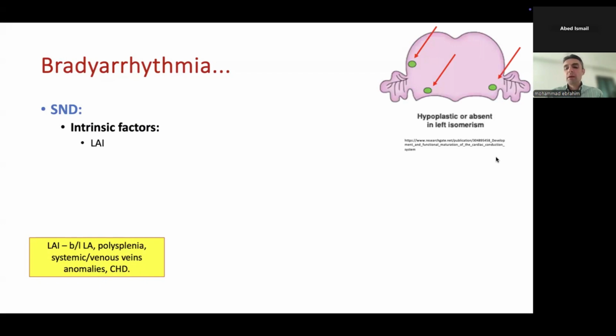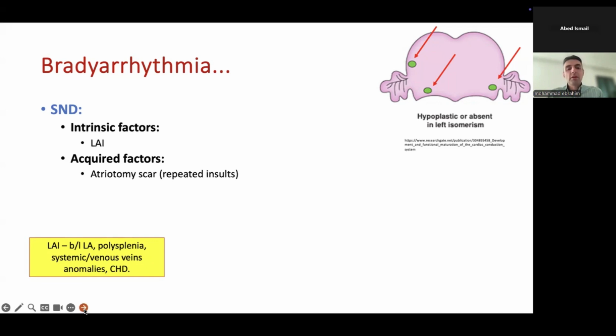Because there's no proper sinus node, as there is often a lack of a right atrium, an escape atrial pacemaker controls the patient's rhythm, and these abnormal pacemaker cells are often slower for patient age. Hence the sinus node dysfunction predisposition.